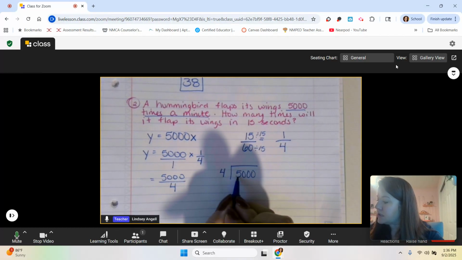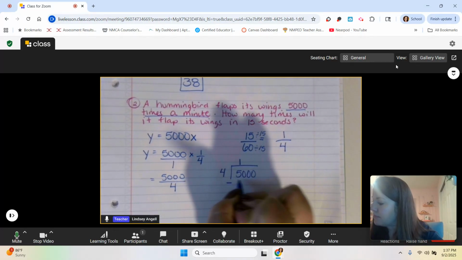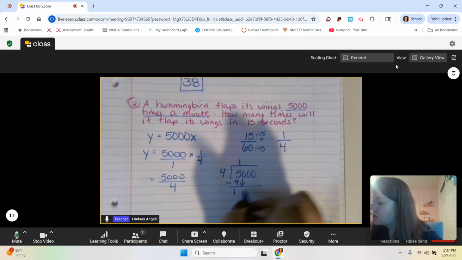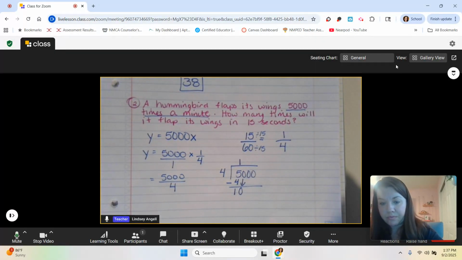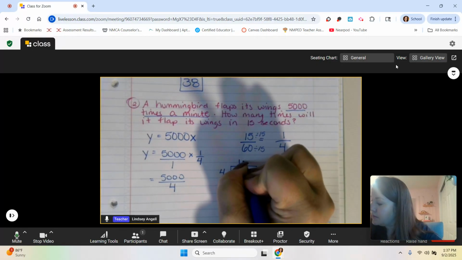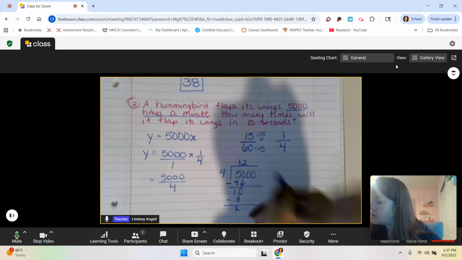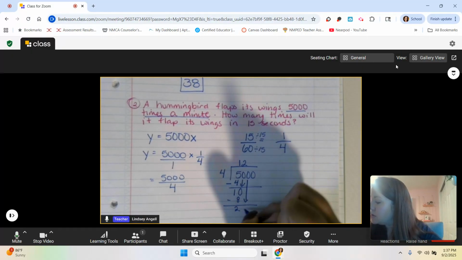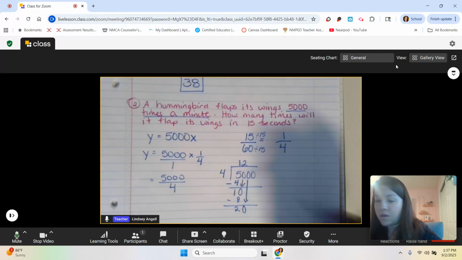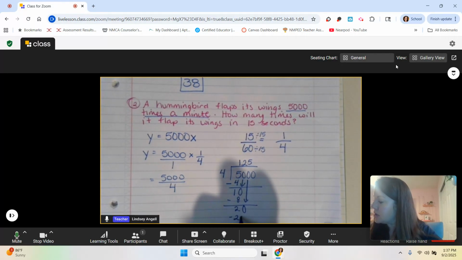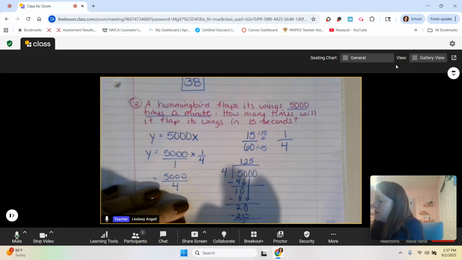Well, 4 goes into 5 1 whole time. I used 4. I have 1 left over. Drop my next place value down. 4 goes into 10 2 times. I used 8. Got 2 left over. Drop my next place value down. 4 goes into 20 5 whole times. It actually goes in perfectly, so I have 0 left over.